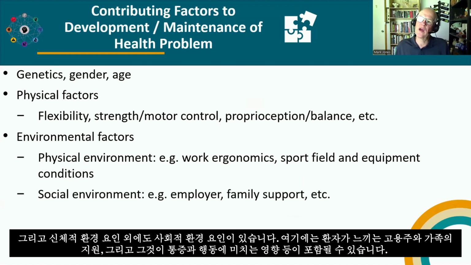And then, as well as the physical environment, there's the social environment. And these can include things such as the employer and the family support that the patient perceives they have and the influence that has on their pain and their behavior.